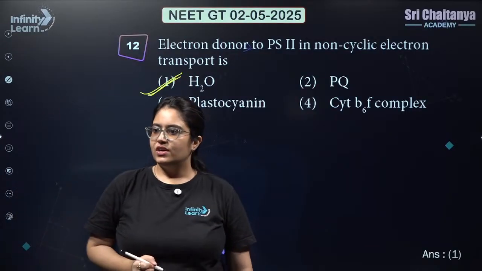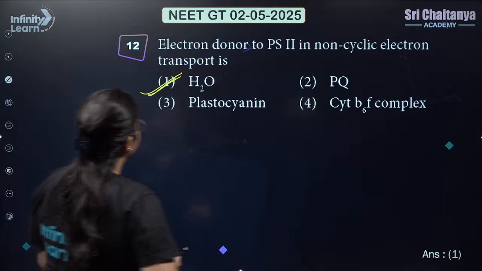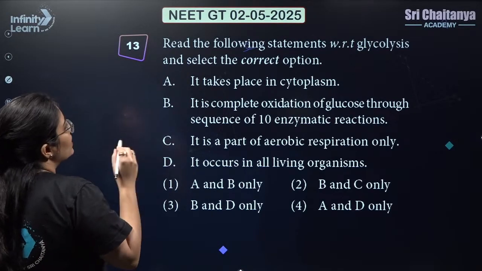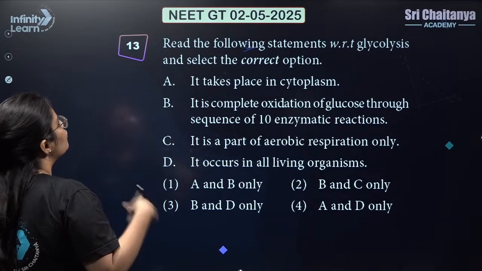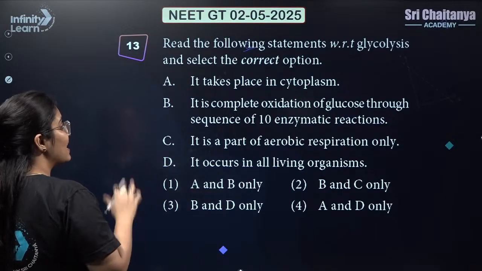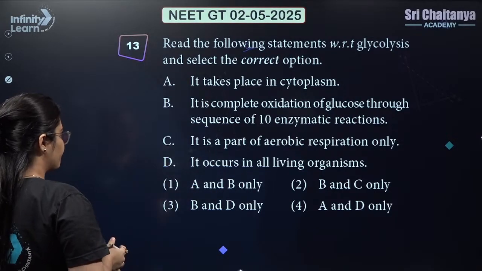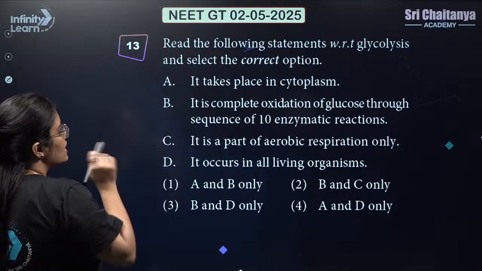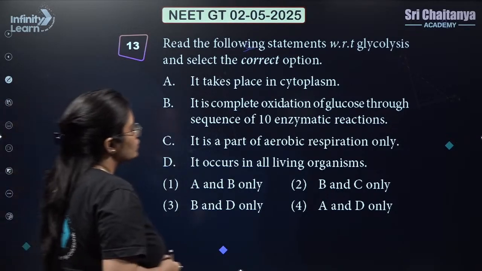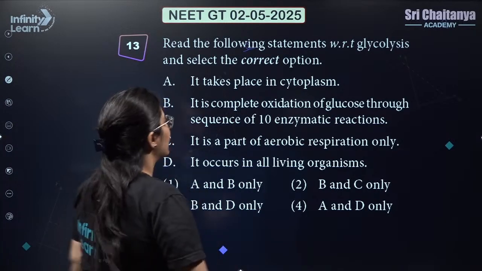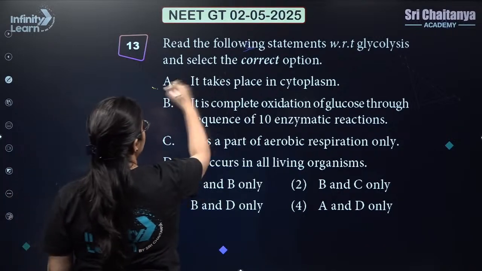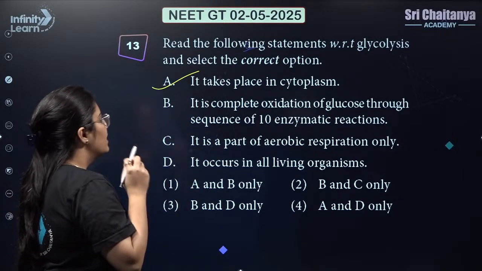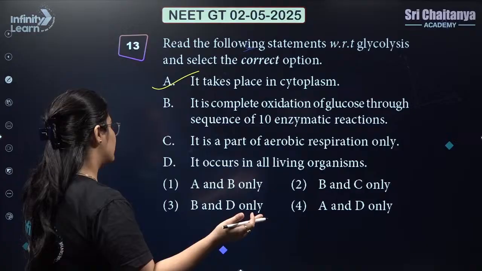Water. Clear? Next. Read the following statements with respect to glycolysis and select the correct option. So tell me what the correct option should be, guys. Glycolysis takes place in cytoplasm, yes. It is complete oxidation of glucose?